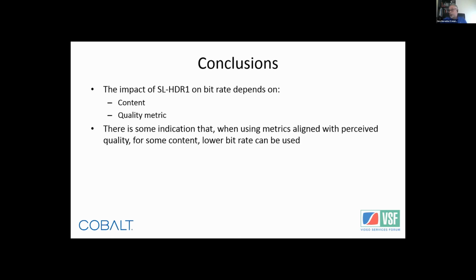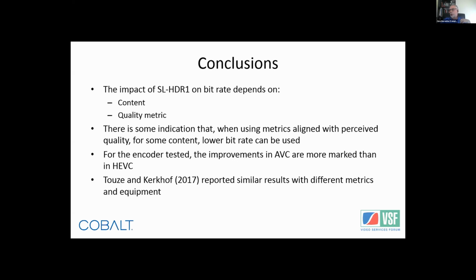There's some indication that using metrics aligned with perceived quality, for some content, lower bitrate can be used. More improvements in AVC are more marked than in HEVC, and there's a 2017 paper that reported similar results with different metrics and equipment.